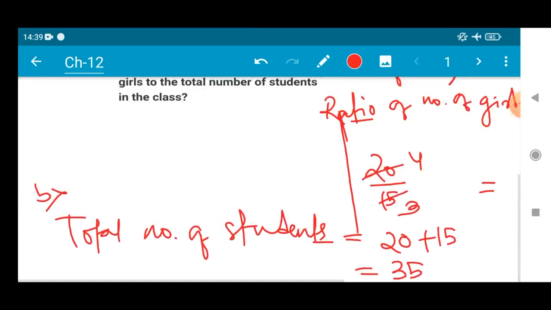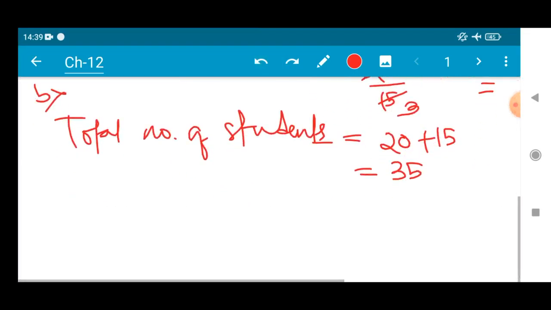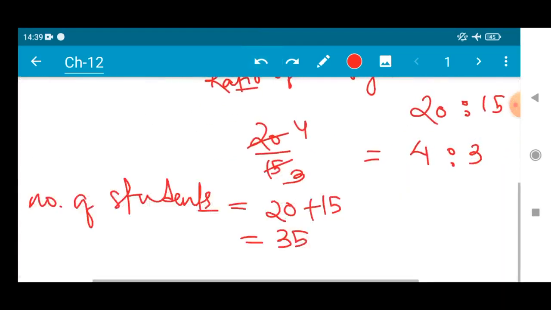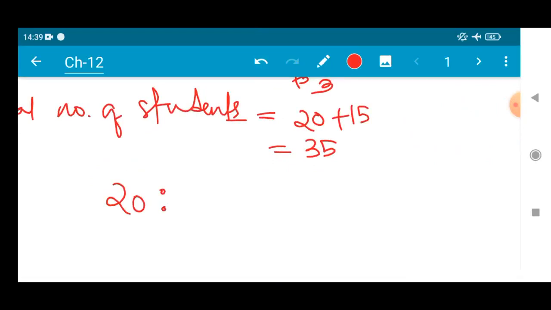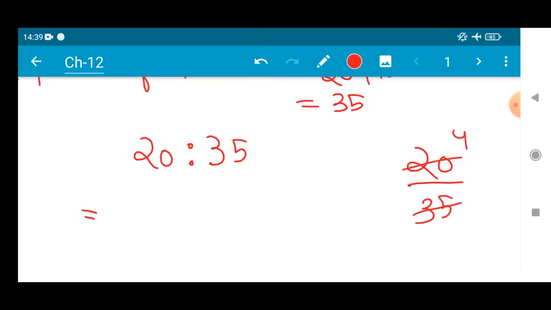We have to find the ratio between the number of girls and the total number of students. We already know the number of girls is 20. So I have already told you, whenever we are finding the ratio, this symbol should be given. And you just do this on the rough side. Don't write 20 divided by 35. 5 4s are 20. 5 7s are 35.